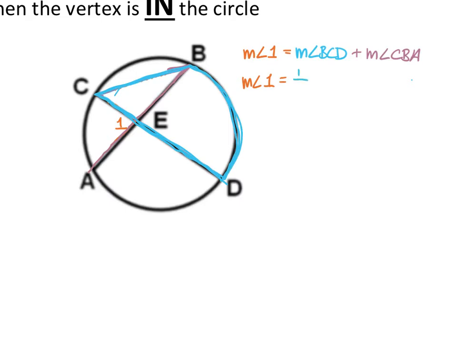So we can just substitute in 1/2 arc BD. There we go. Arc BD. And then when we look at this one, CBA, well, that is just half of that intercepted arc, which is CA. Okay, so now we do have a relationship between the angles and the arcs.